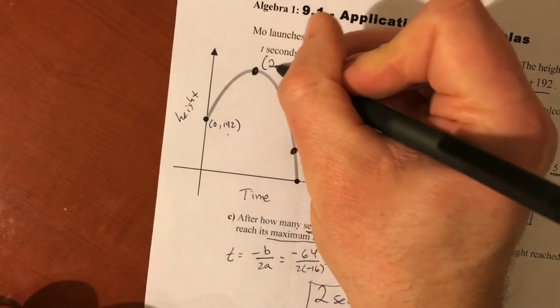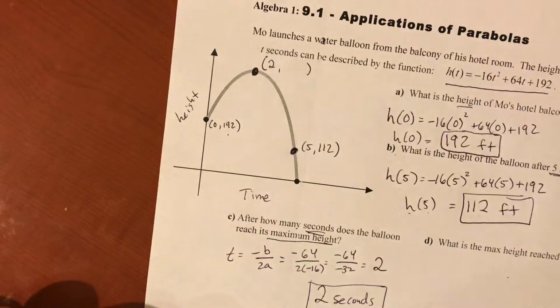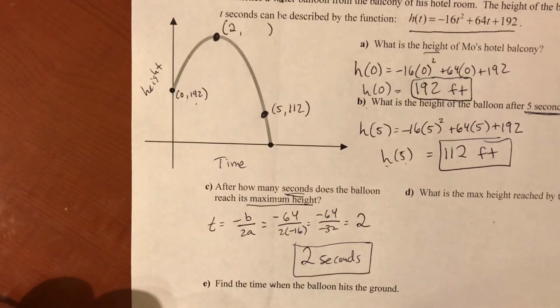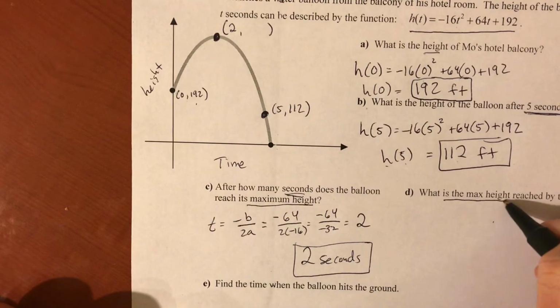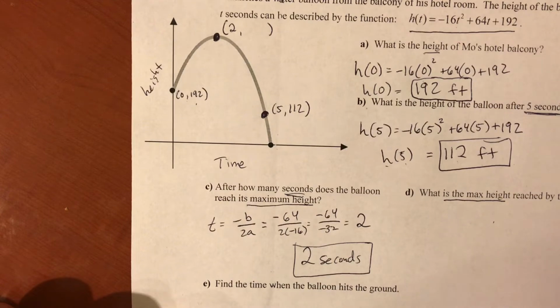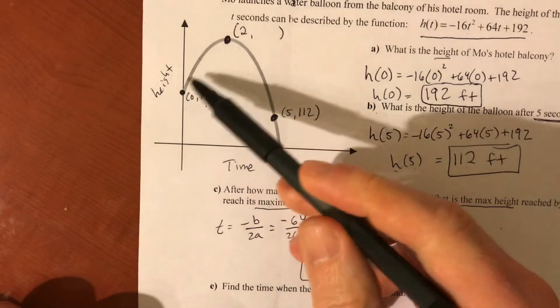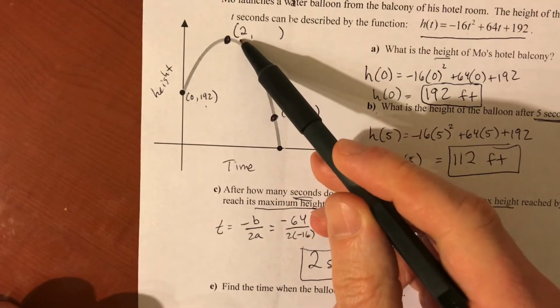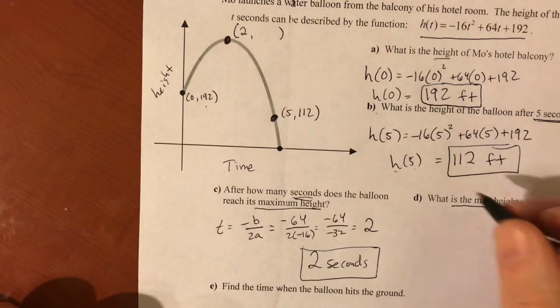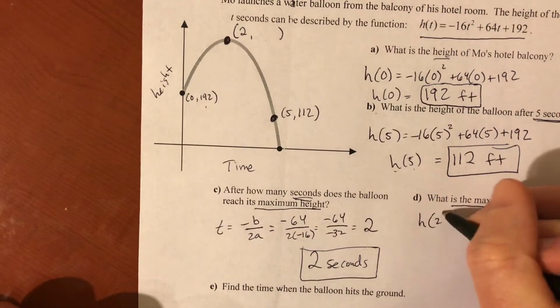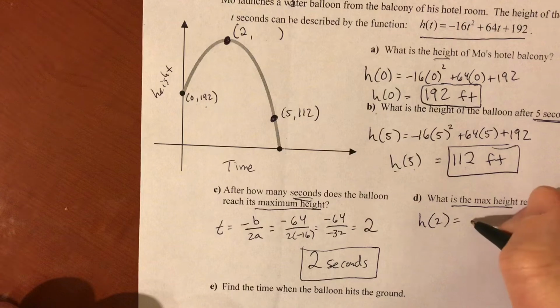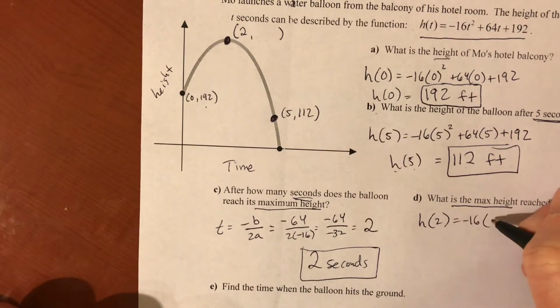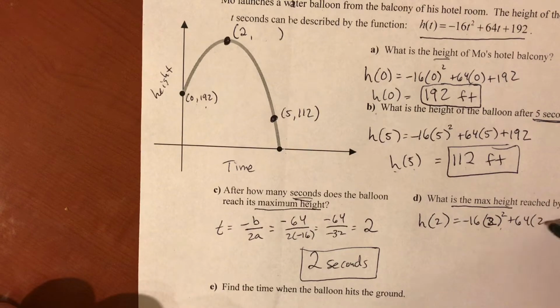That's the x-coordinate of the vertex there. Part D, what is the maximum height reached by the water balloon? So if it's asking for the height at that time, it's asking for the y-coordinate of the vertex. So again, if I want the height at a given time, I plug that time into this function. So h of 2 will be negative 16 times 2 squared plus 64 times 2 plus 192.